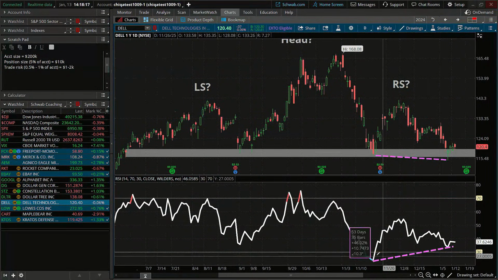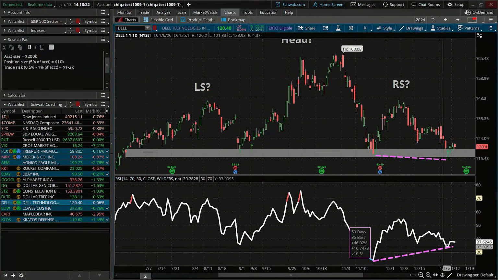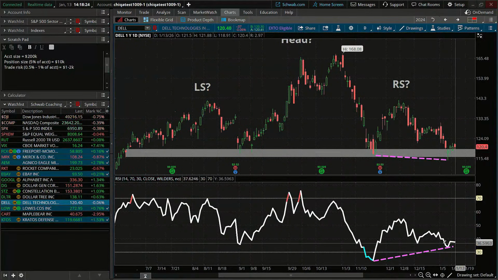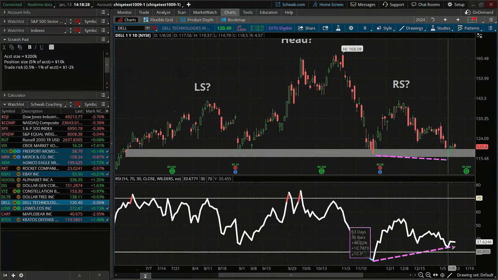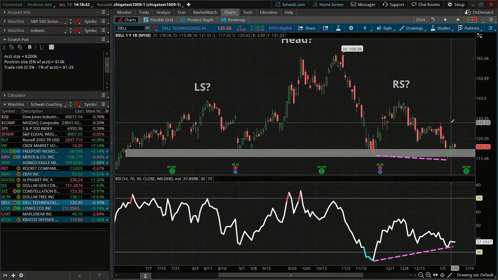And in this case, when price is making a lower low, but the RSI is making a higher low, this could be telling us that momentum is exhausted to the downside and is waning. So that could be a possible indication of a possible trend change here, but obviously we want to wait for confirmation of that individual stock.